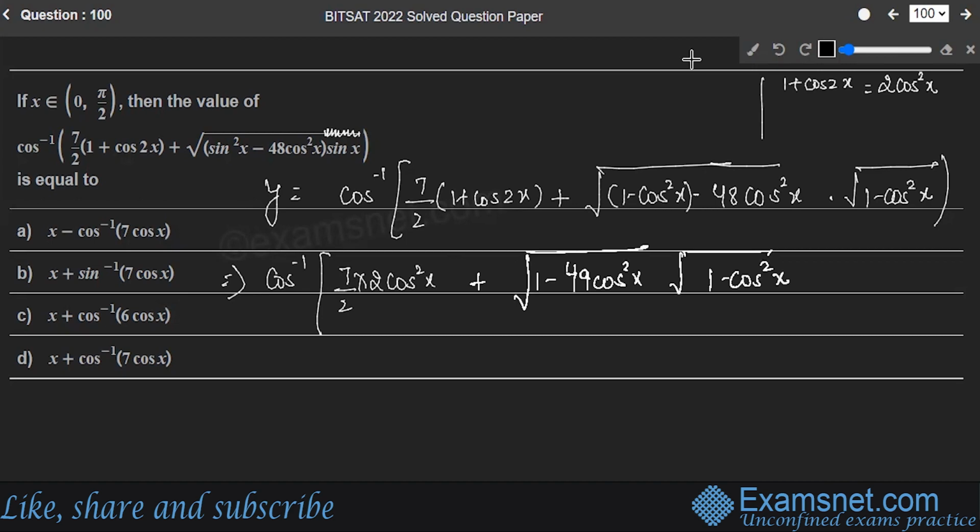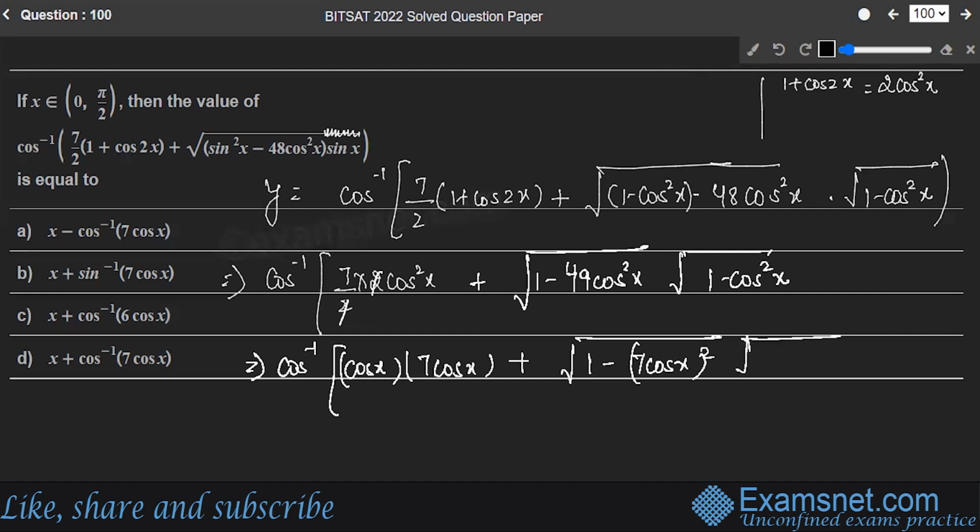So further, this is cos inverse of cos x into 7 cos x, plus 1 minus 7 cos x square, 1 minus this.